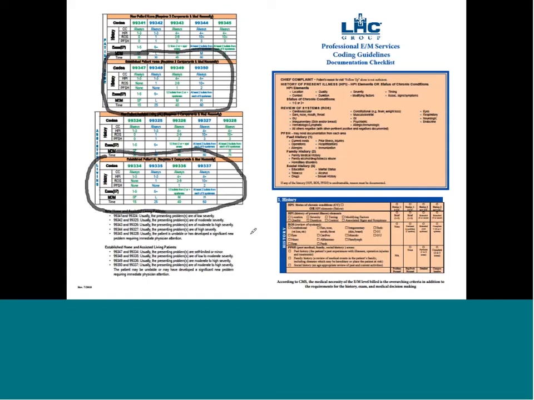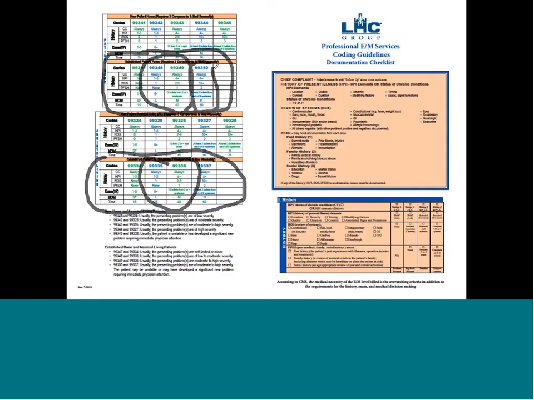We provide very few level 1 services, because typically we're not addressing one small thing. The majority of our services fall into our level 2s and 3s. That's typically where they're going to fall.